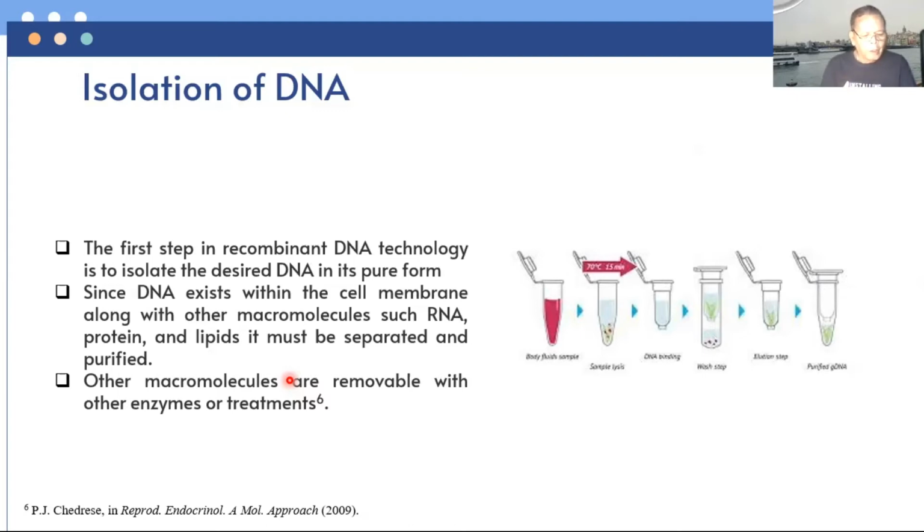Ultimately, the addition of ethanol causes the DNA to precipitate out as fine threads. This is then spooled out to give purified DNA.